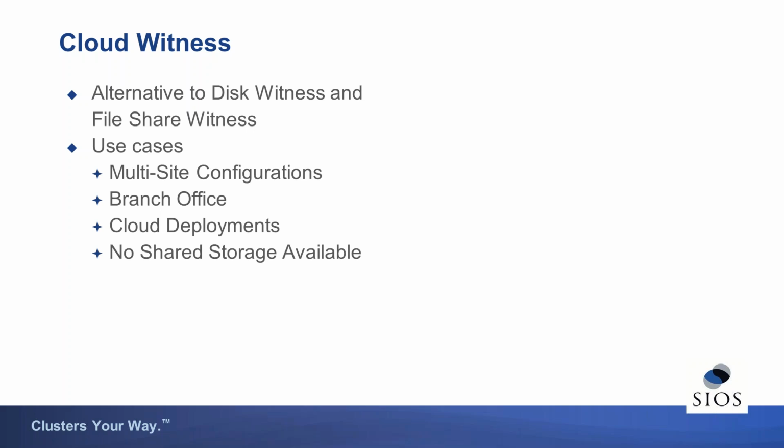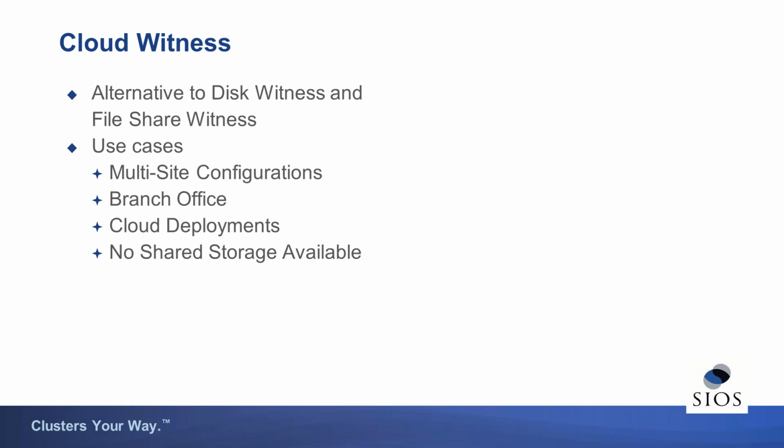But there always was this gotcha where the cluster was looking for a third vote, and so you always had to have that third server to have a file share witness, and that increased the overall cost of that deployment from a simple 2-node cluster to now having 3 servers in each location.